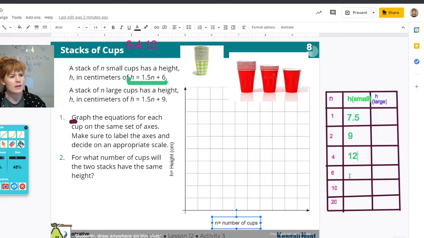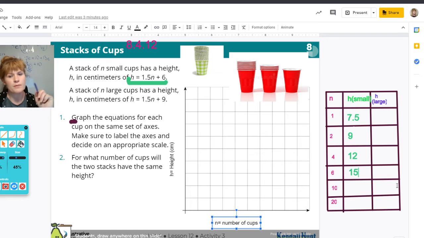Keep going. Now, what if you have n equals 6? That's 6 cups stacked on top. If n equals 6, then 1.5 times 6 is 9, plus 6 more equals 15.